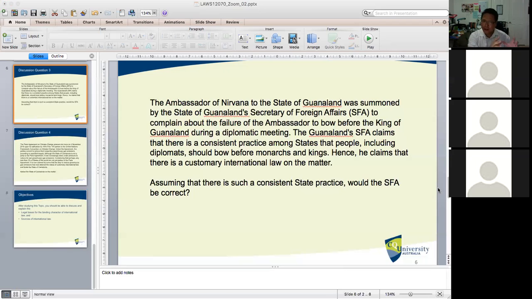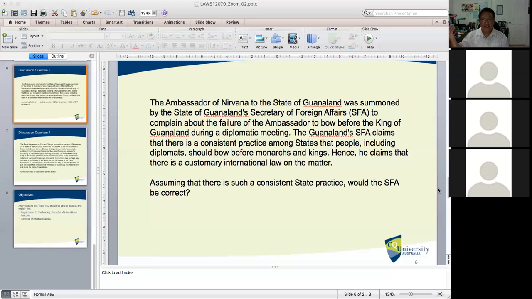So there has now been customary international law, which we agreed exists on the basis of consistent state practice and opinio juris. And that there is a customary international law in relation to question 2 that prohibits the dumping of hazardous wastes in the high seas. The question is, can that customary international law then be changed, or could that have been abrogated on the basis of the practice of some states in not following customary international law?